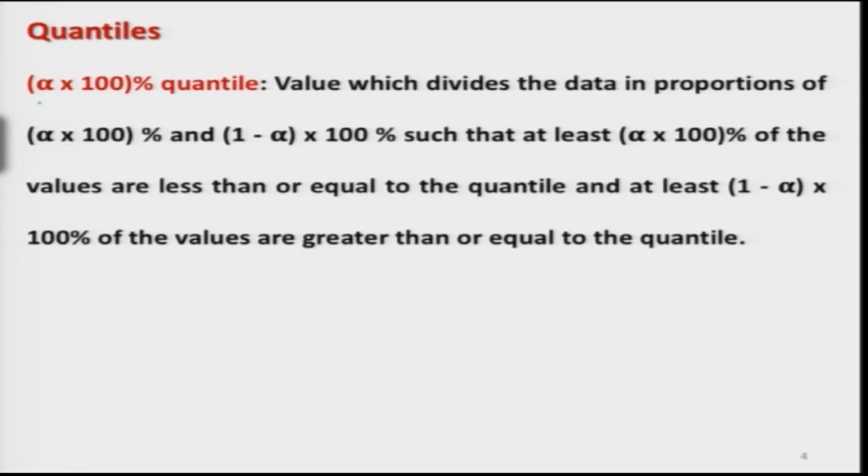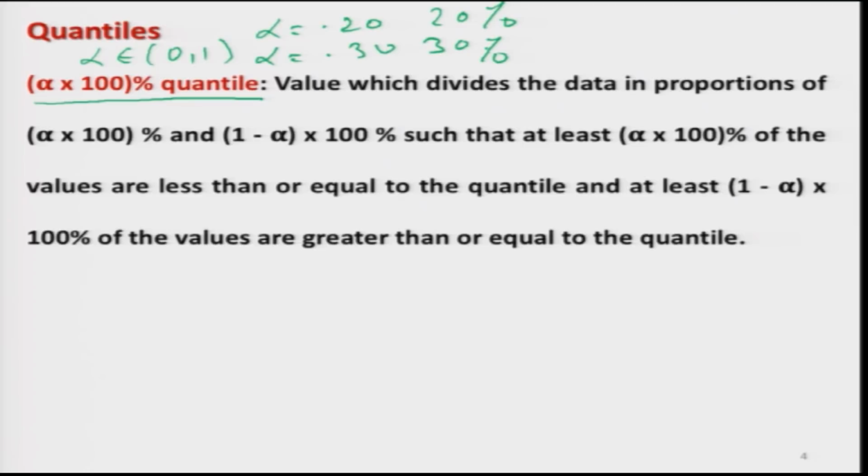Let me choose the value alpha. So, the definition of alpha times 100% quantile is as follows: I choose the value of alpha between 0 and 1. If I take alpha to be 0.20, then this becomes the 20% quantile. If I take alpha to be 0.30, then this becomes the 30% quantile and so on.